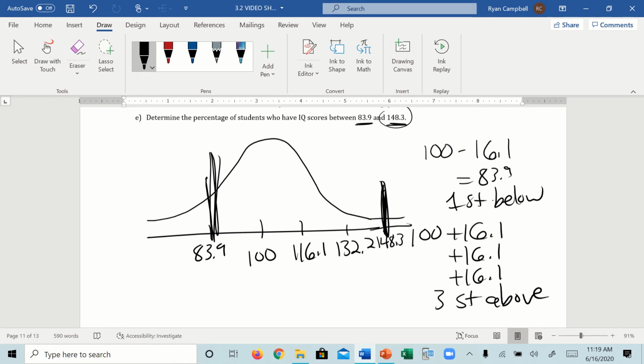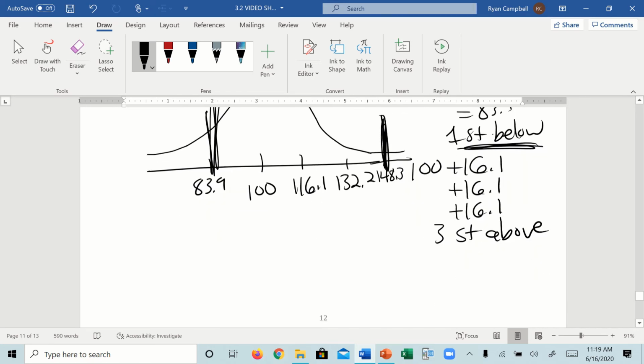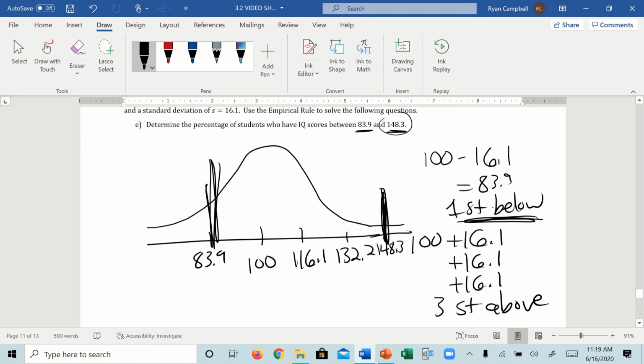So we can kind of think about them individually. So let's just think about the first standard deviation below. So if we just think about 1 standard deviation apart, so just 1 standard deviation, we know that 1 standard deviation above and below is 68%, right?